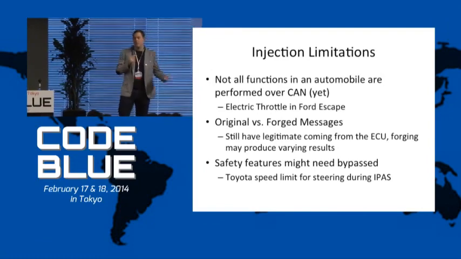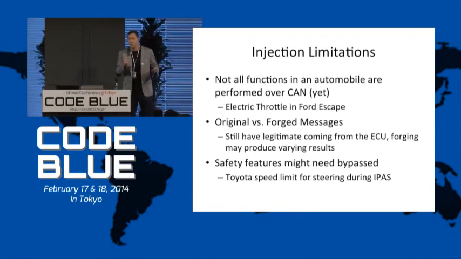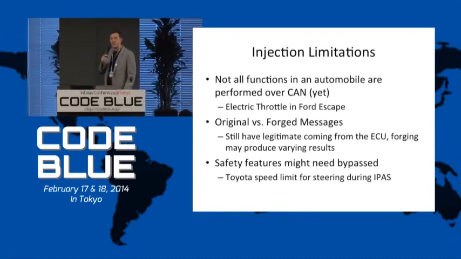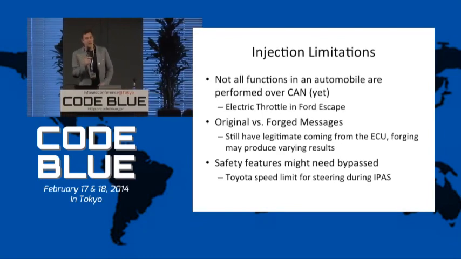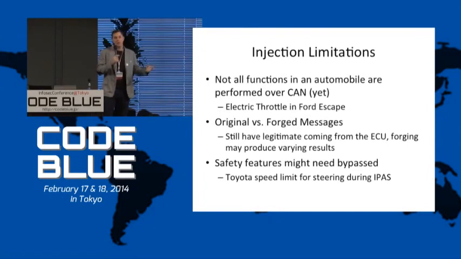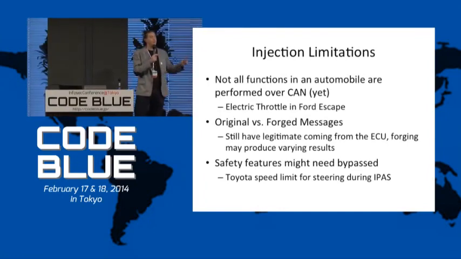We were sending forged messages saying the pedal was down the whole way. How did we get ours to work? We just shouted louder and sent it faster. If they were sending it 10 times a millisecond, we sent it 10,000 times a millisecond. So you really have to outshout them, and it doesn't give you perfect behavior. I'll show you specifically with steering how it ended up not being very fluid.